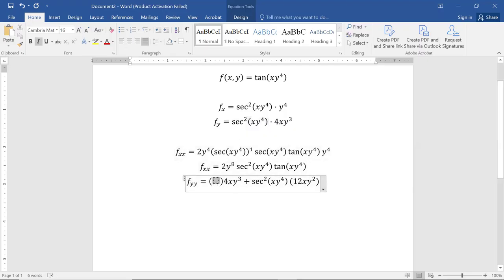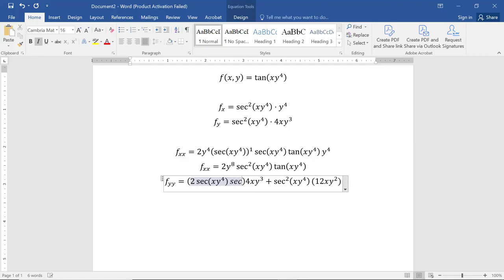The derivative of this, I'm going to have to take 2 times secant to the first power of xy to the fourth, multiplied times the derivative of secant.